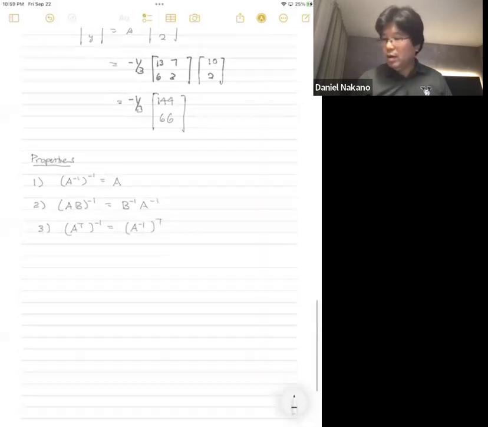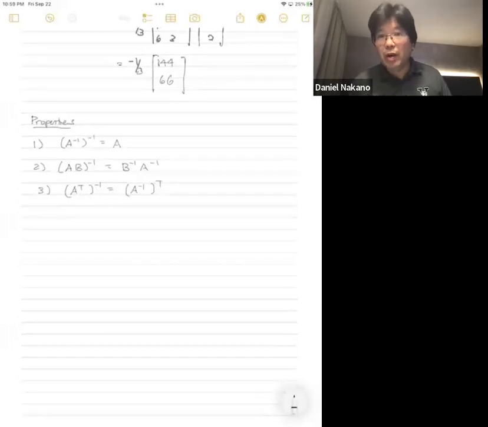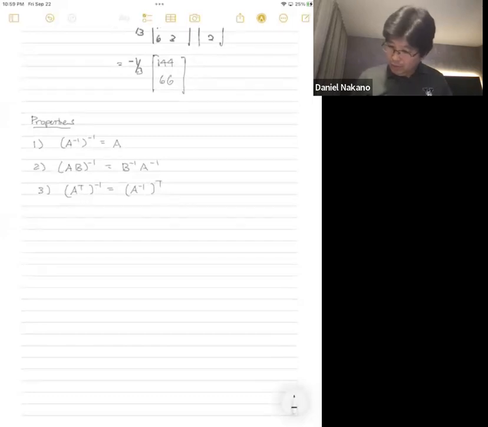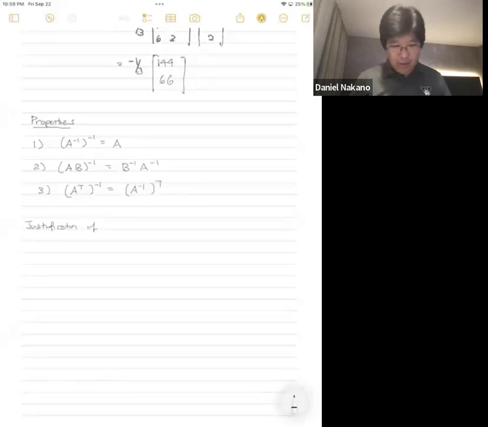All right, so all of these are proved the same way. What you do is you actually show that one side is the inverse of the other. So let's do a justification of, let's just pick number 3, for example.